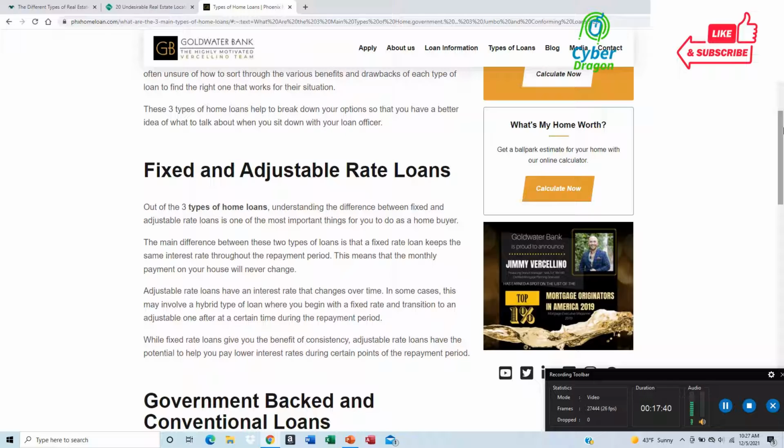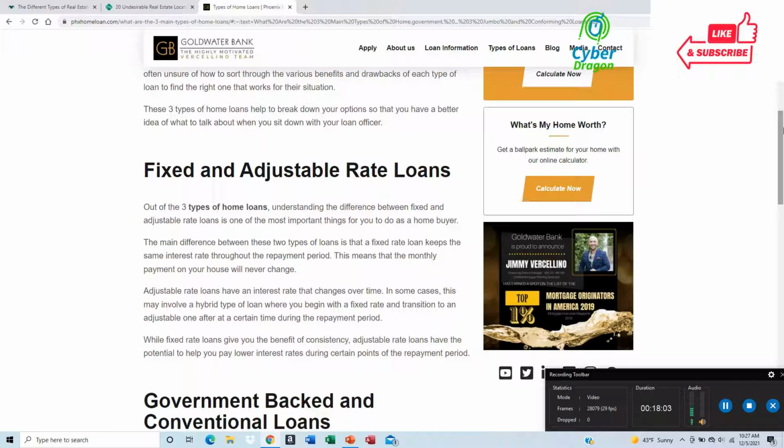And last, fixed and adjustable rates. There are three types. The main difference is that a fixed rate loan keeps the same interest rate throughout the repayment period, so the monthly payment on your house will never change. Adjustable rate loans have an interest rate that changes over time, which could be good and bad.